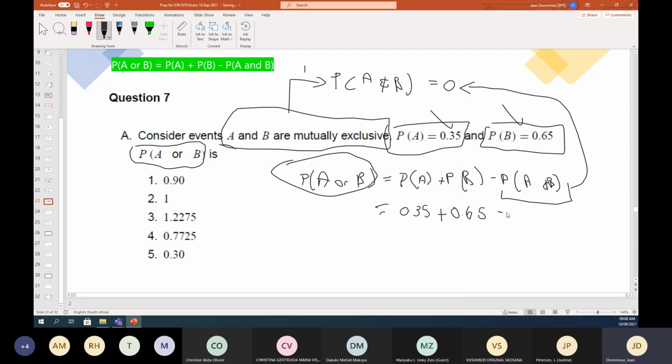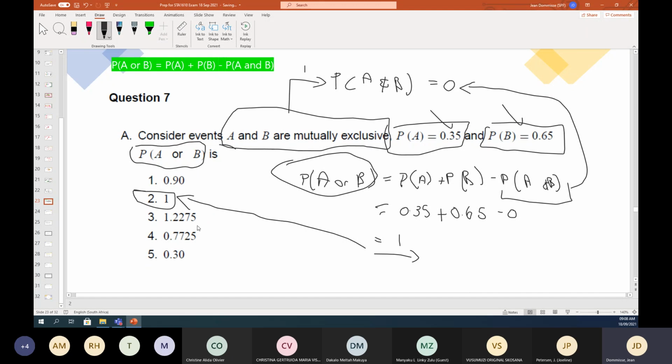So we know that we subtract 0. And then the probability of that plus that is equal to 1, which is then option 2.